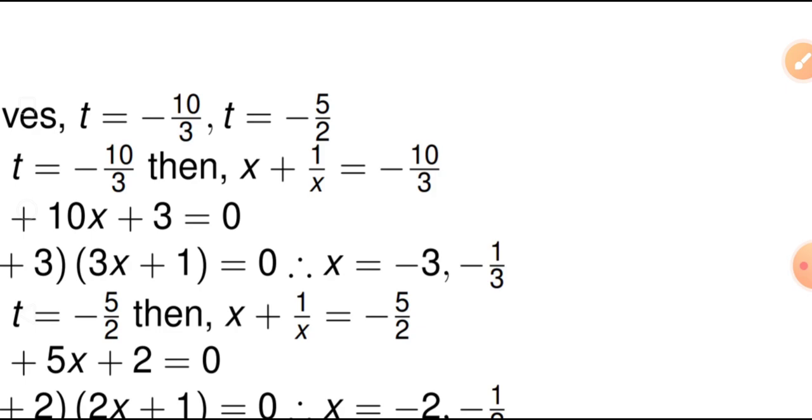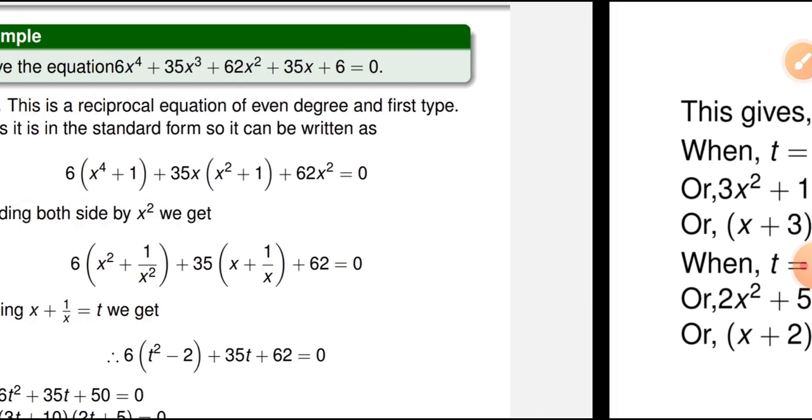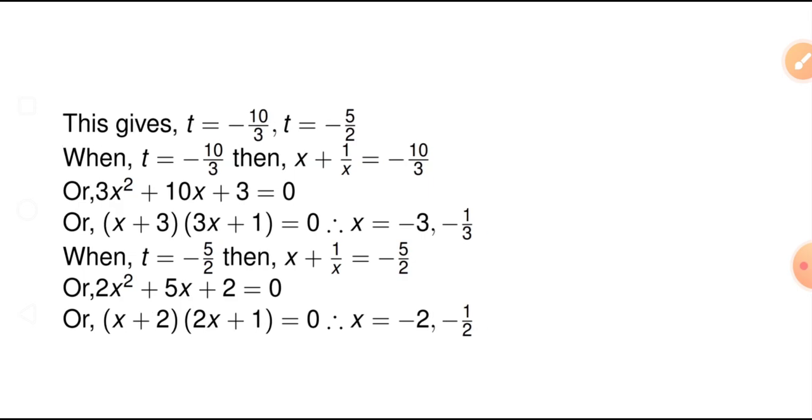Next you take the cross multiplication and form the equation: 3x^2 + 10x + 3 = 0. This is also a quadratic equation. When we factorize this one, we have (x + 3)(3x + 1) = 0. Equate each term to 0. We get x = -3 and x = -1/3.